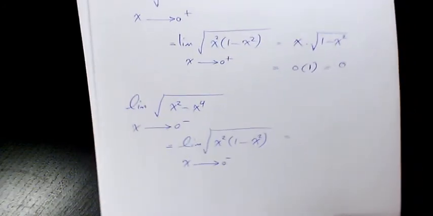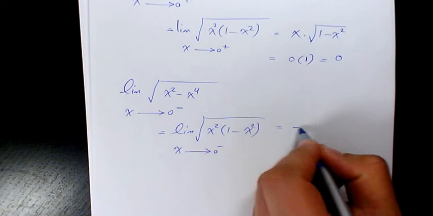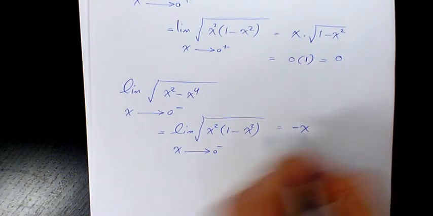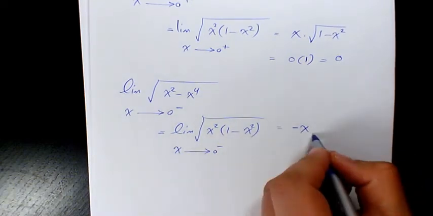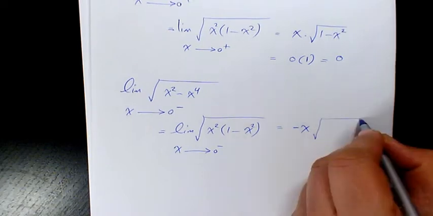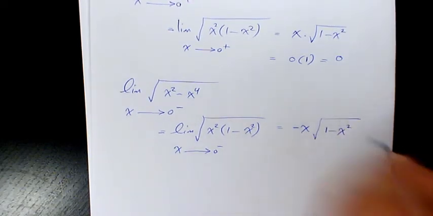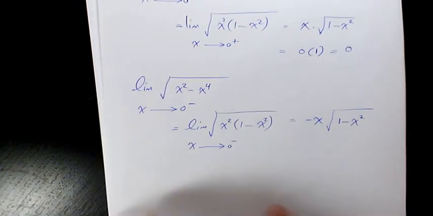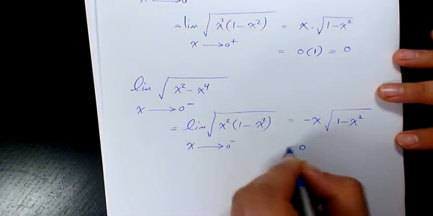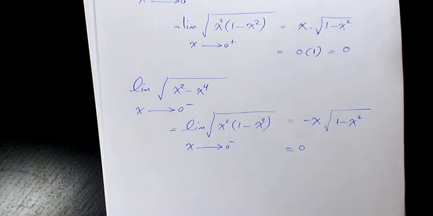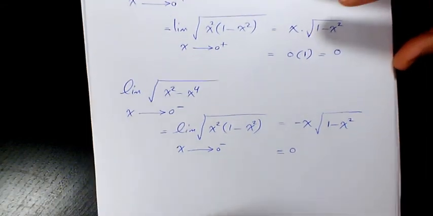That's going to be a negative number outside the square root, because when you take it out, it has to be negative. So 1 minus x squared. So in that case, again, it's going to be equal to 0 because x is approaching 0.